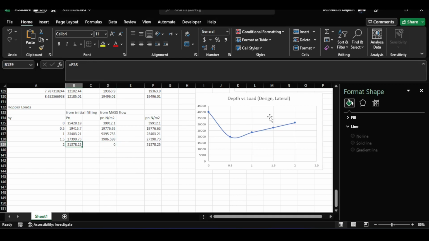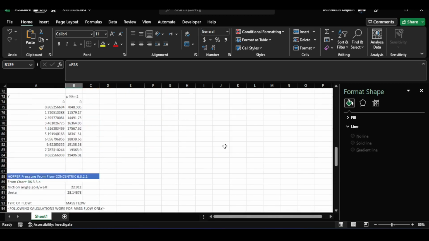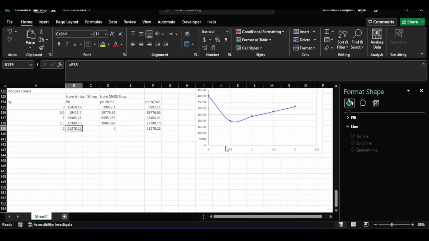And you can see this in this drawing. You see that this portion is controlled by the mass flow, and this portion is controlled by the weight, which is this one. So you have kind of a superposition or maximization between the two plots.